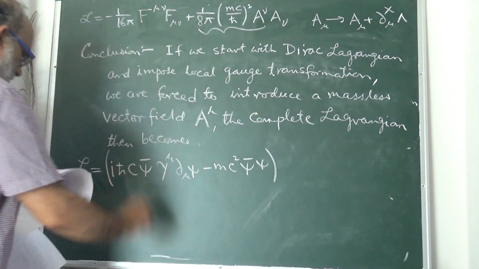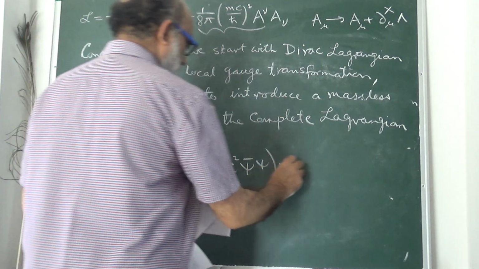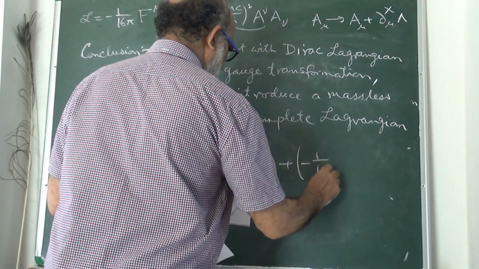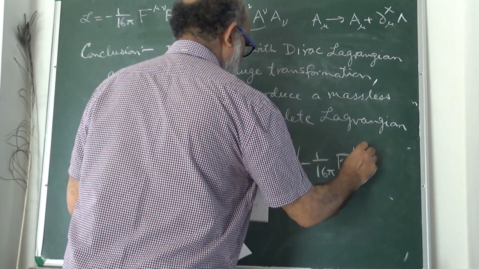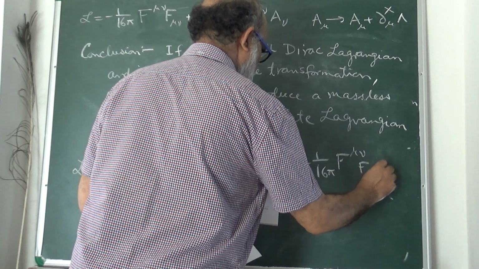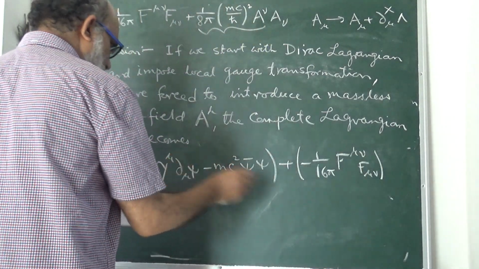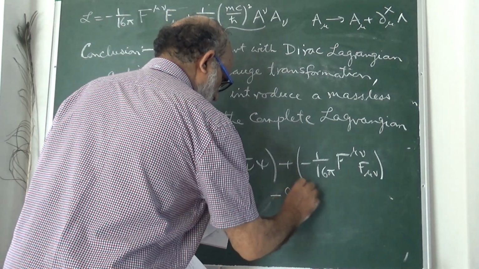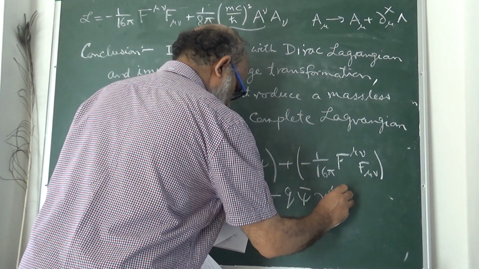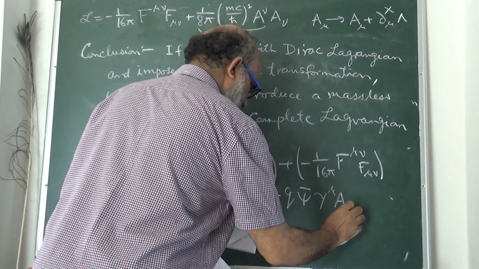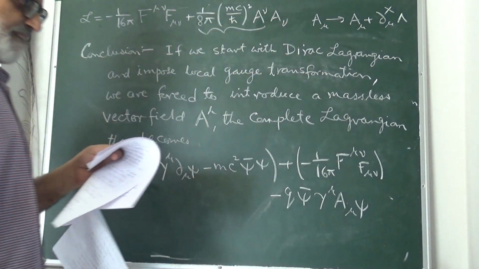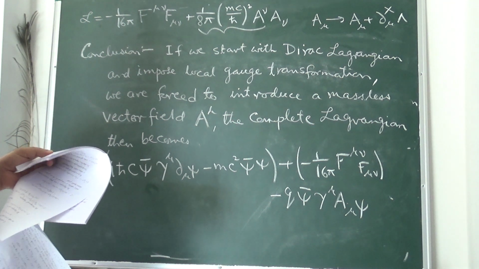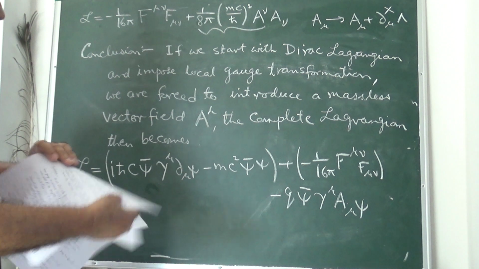This was the Dirac part, plus this part, minus 1 by 16 pi F mu nu F mu nu, plus that interaction part, minus q psi bar gamma mu psi A mu. So this Lagrangian has three parts.